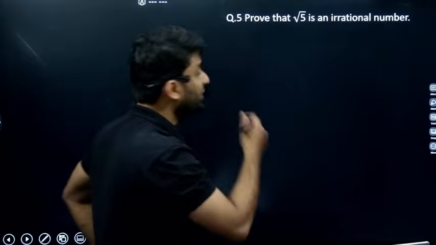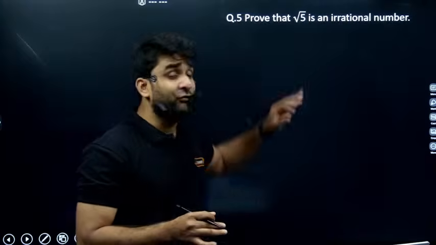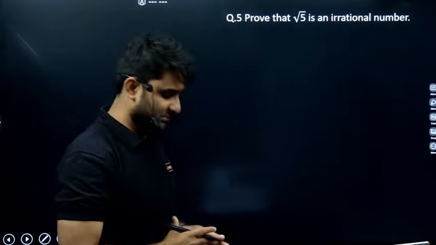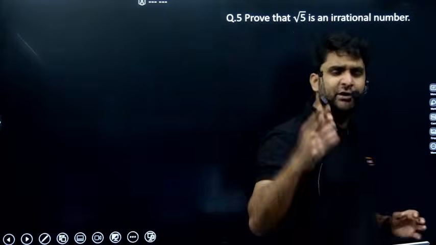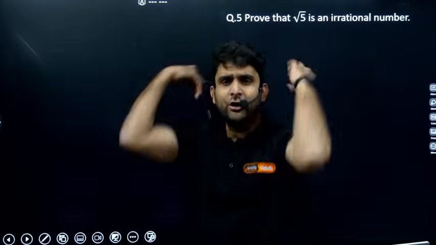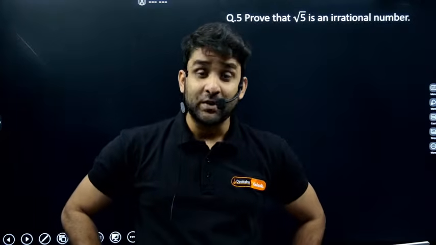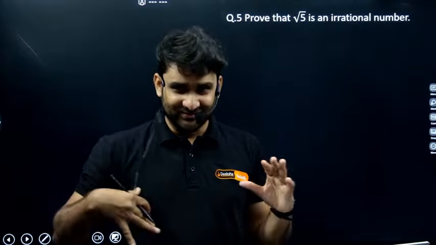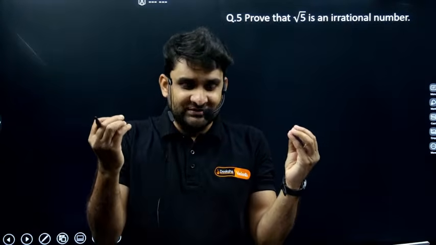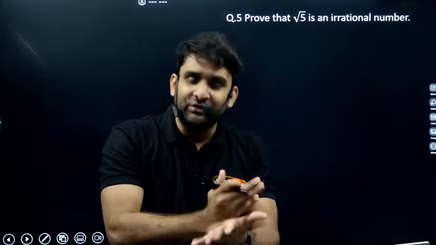Okay, so now let's do this question. Prove that root 5 is an irrational number. Guys, listen. Everyone knows root 5 is an irrational number.